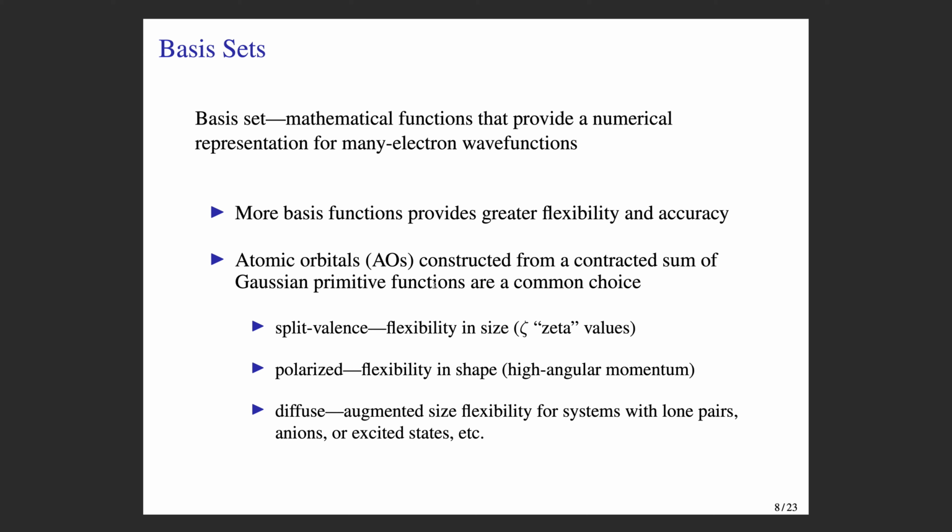There are different approaches to designing basis sets, but the ones that we're going to be using are atomic type orbitals that are constructed from Gaussian functions. Okay, Gaussian functions have a simple mathematical structure that makes them particularly well suited for numerical calculations.